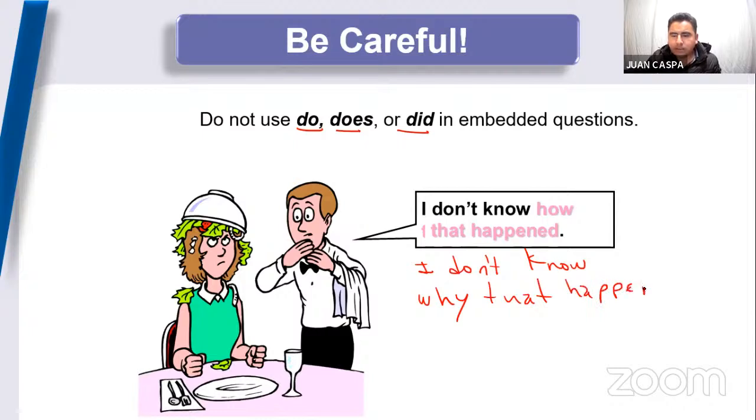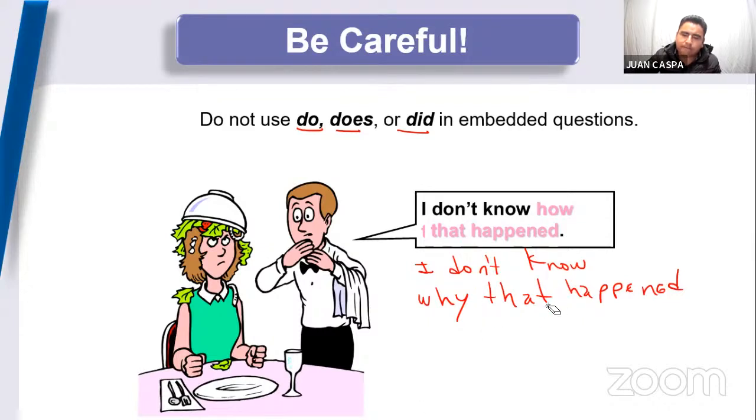So we can use it like this. I don't know why that happened. But also we have to check if that is necessary here. I don't know why happened. Not really, right? Sometimes it's important.